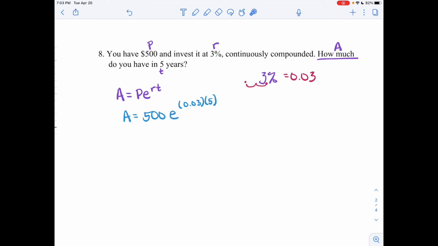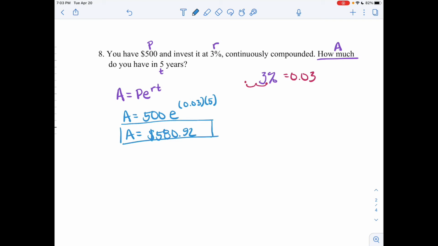Remember, you don't want to approximate E, you want to actually use the calculator value for E or the Desmos Scientific Calculator for E. So you want to use either the second and division key on your calculator or just simply type a lowercase e in Desmos. All right, and when you do that, what you should come up with is that A is equal to $580.92. Okay, that one's pretty straightforward.